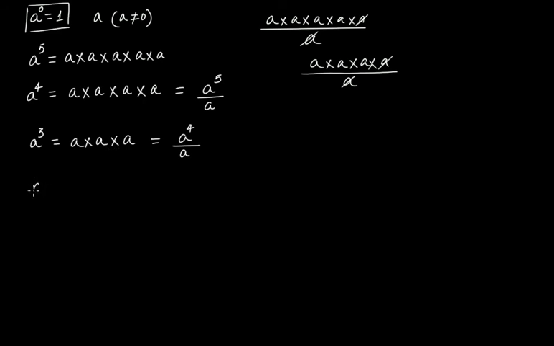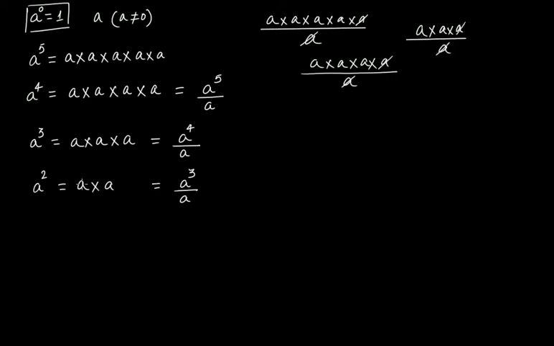So a to the 2nd power will be a times a, and this will be actually equal to a to the 3rd power divided by a. And why? Because this a to the 3rd power is actually what? A times a times a, and when we divide this with a, what do we get?